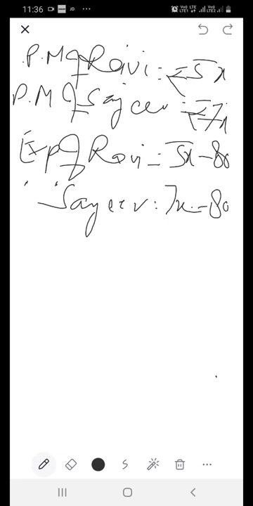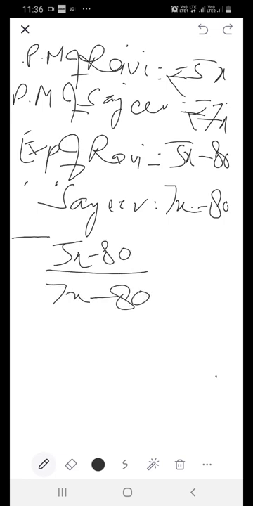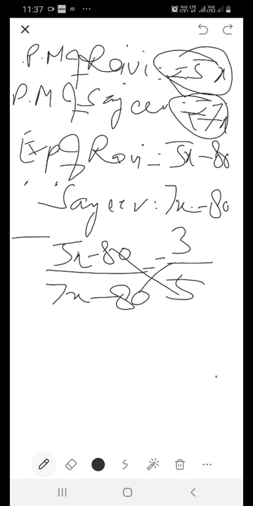Now according to the question, the ratio between their expenditures is given as 3:5. So 5x minus 80 upon 7x minus 80 is equal to 3/5. So I made the equation for you, cross multiply and you can find x. And when you find x, you are going to get the pocket money of both the boys.